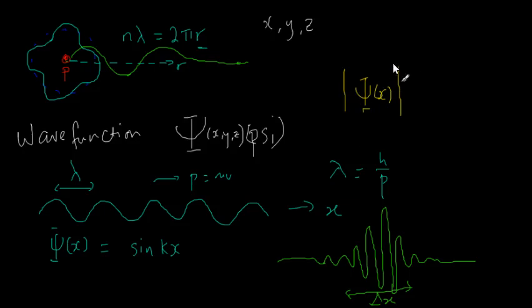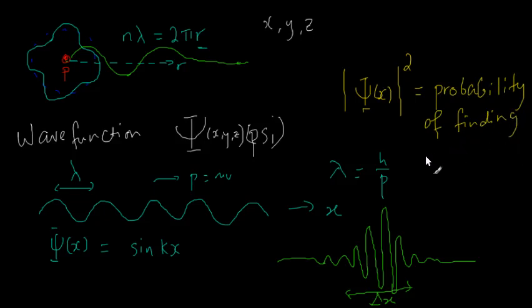If I take the modulus and square it, the answer must be equal to the probability of finding the particle, in this case maybe the electron, but in general it can apply to any type of particle like protons, neutrons, and so on. The probability of finding the particle at the position x. So this is how it is often described.